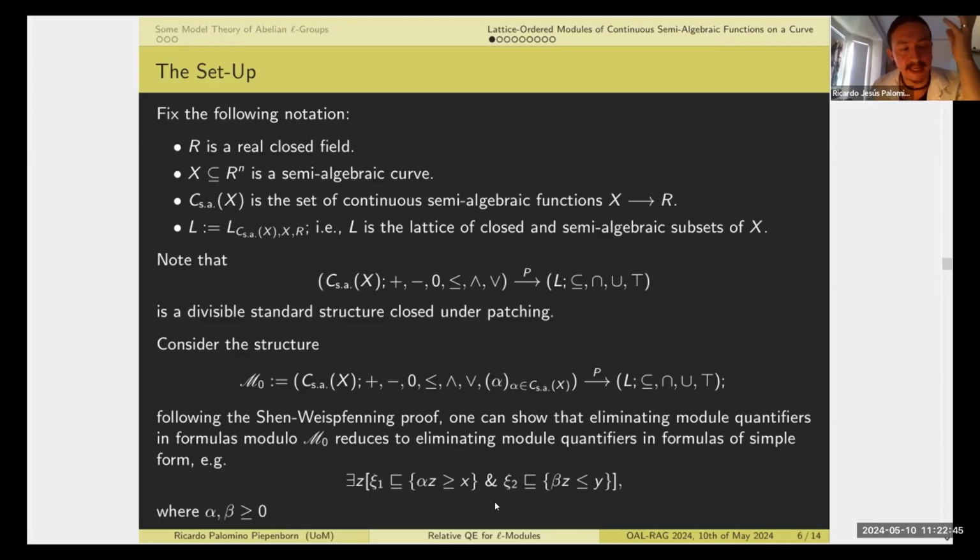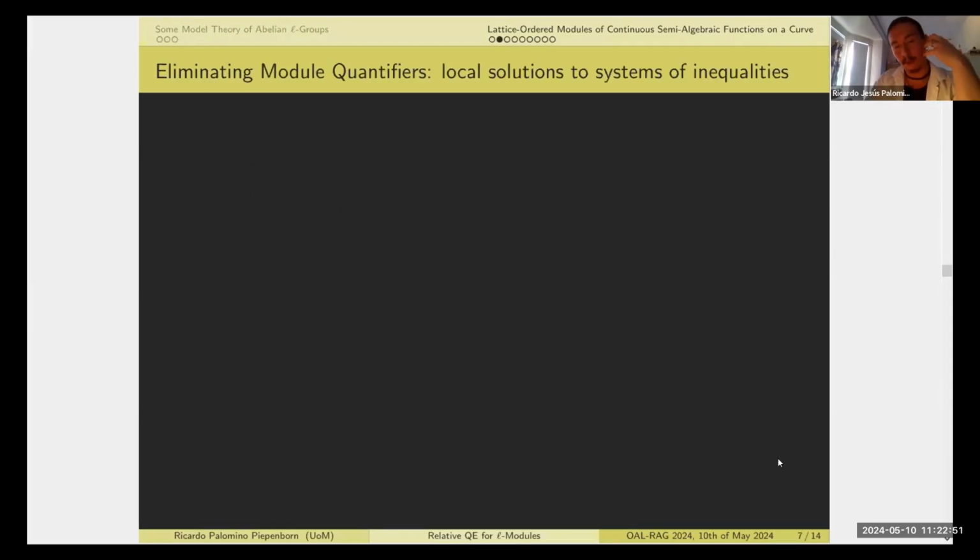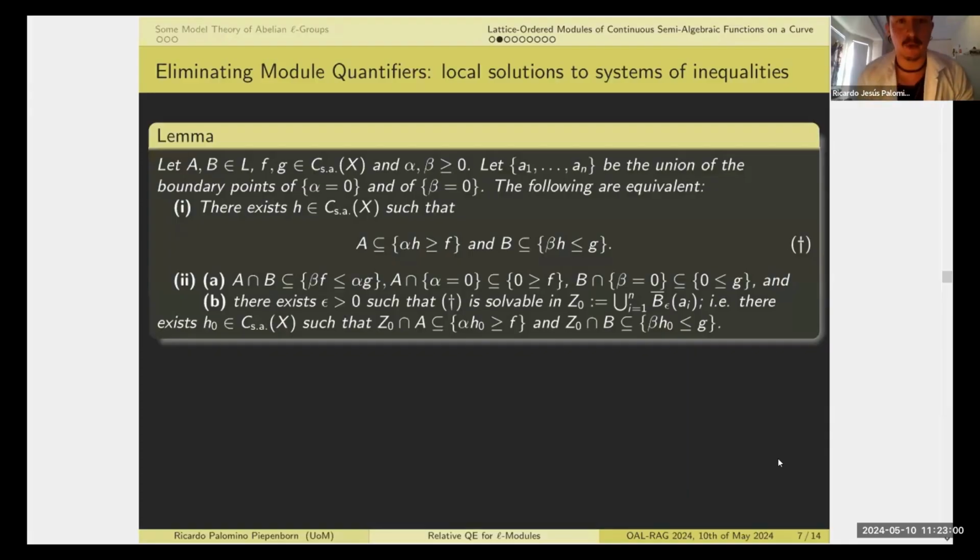So let's see how one can go about doing this. I'm going to put now a lemma, and then I'm going to try to explain it in a maybe more intuitive way, right? So what is this lemma saying is the following. I want to eliminate this module quantifier in a formula of this very particular simple form. And I want to be able to characterize when I can witness this existential quantifier.